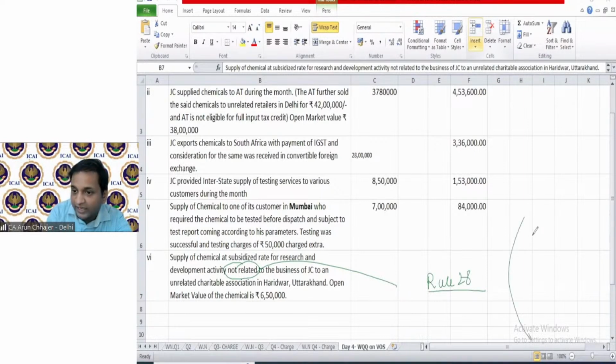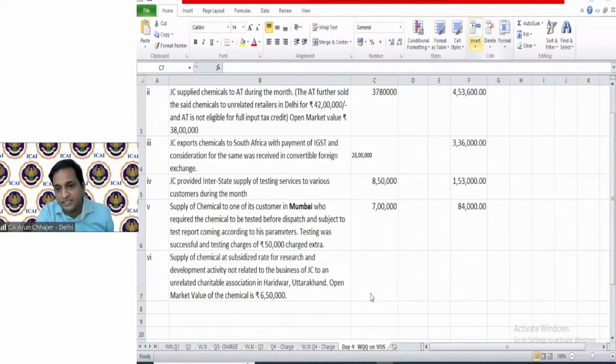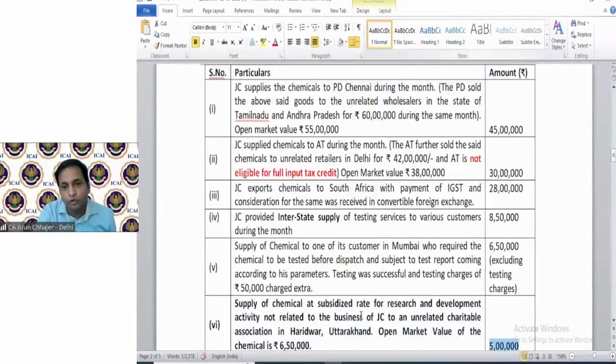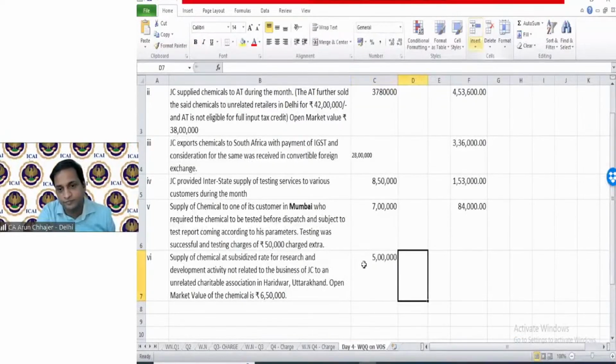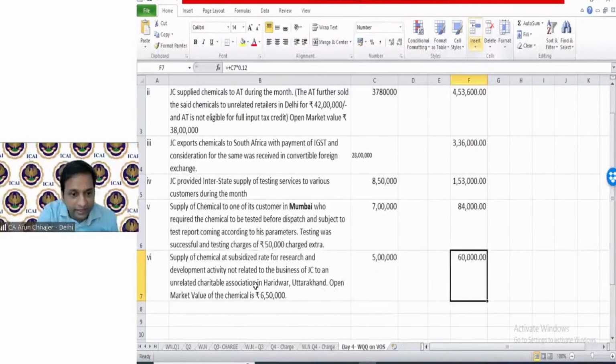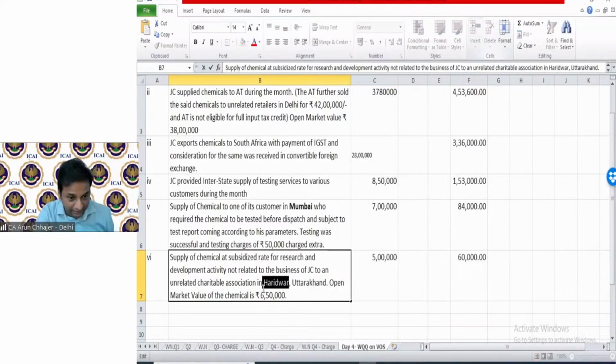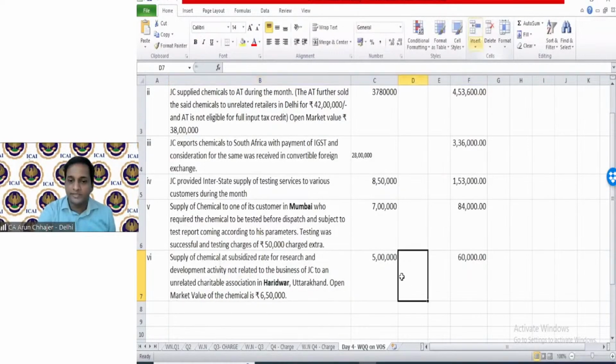You can also say as per section 15 subsection 1, the transaction value, the money paid or payable would be considered the taxable value. Therefore, the amount which is being charged, that is 5 lakh, would be the value. It is in Haridwar, Uttarakhand. So the answer would be C plus S.